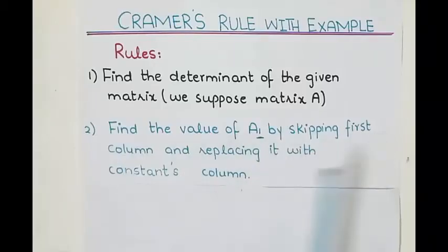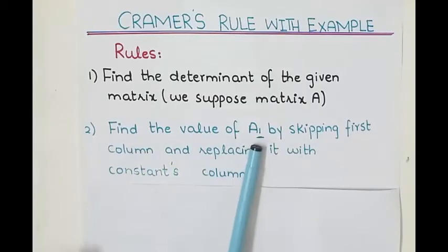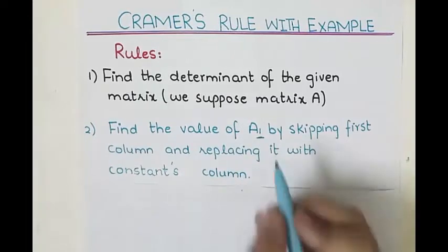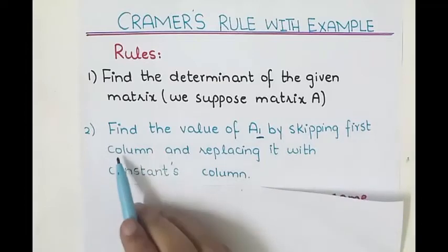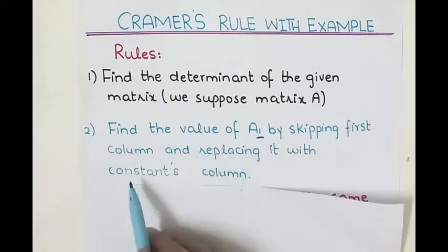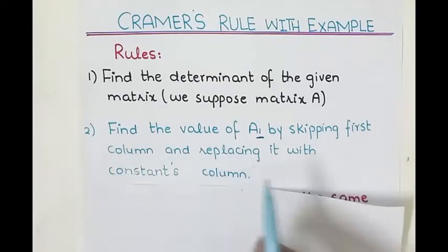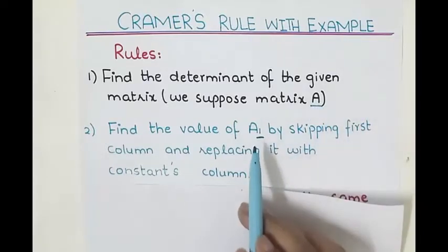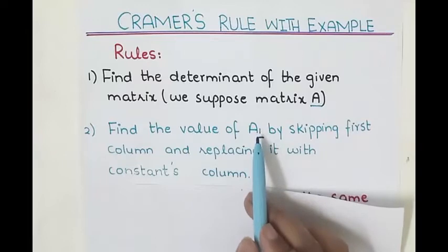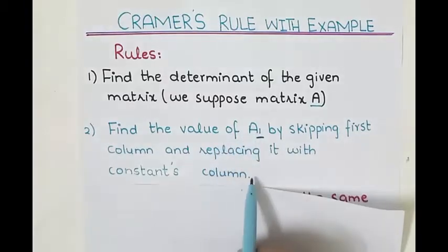Rule number 2 says find the value of A1. We have A1 by skipping the first column and replacing it with the constants column. If the matrix is A, then we will find A1 by skipping the first column and replacing that column with the constants column.